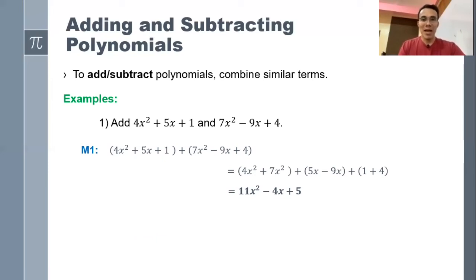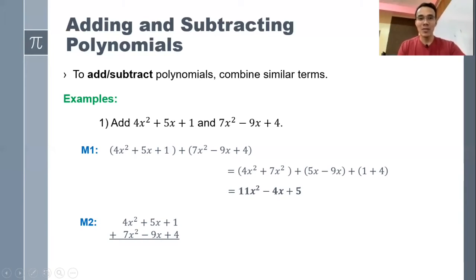Let's have method 2. In method 2, we're going to add the 2 polynomials vertically. When you write the polynomials vertically, make sure that similar terms are being aligned. Meaning to say, we have here x squared aligned, terms containing x aligned, terms with no variable aligned.